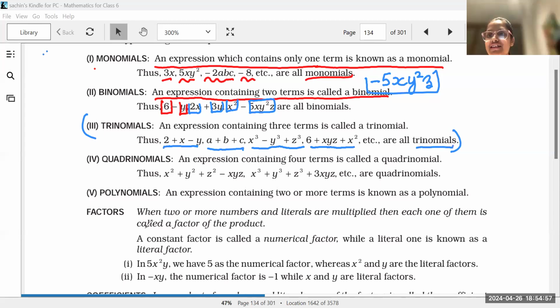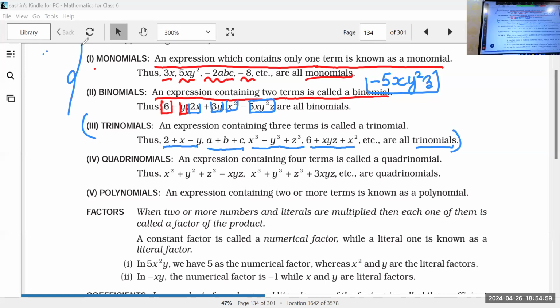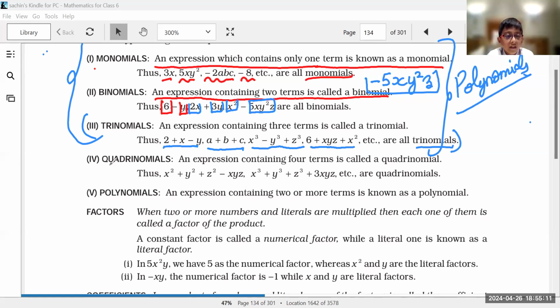All right. Yes, I got it. And all of these, monomial, binomial, trinomial, are called polynomials. All right. But sir, in the last it is written an expression containing two or more terms. Son, this is what is written here, but generally they all are called polynomials only.